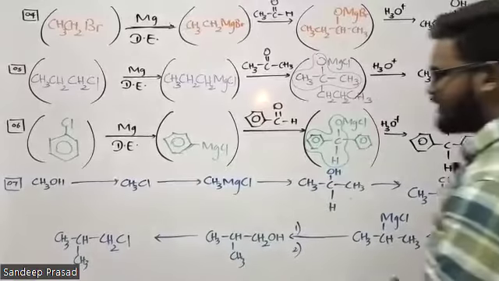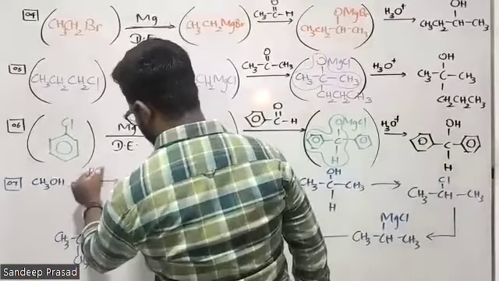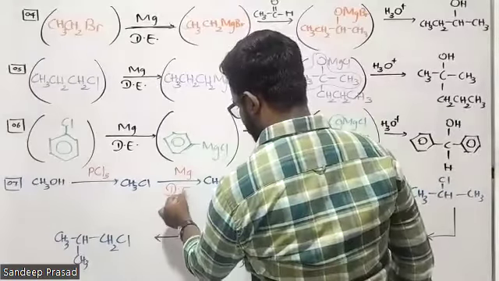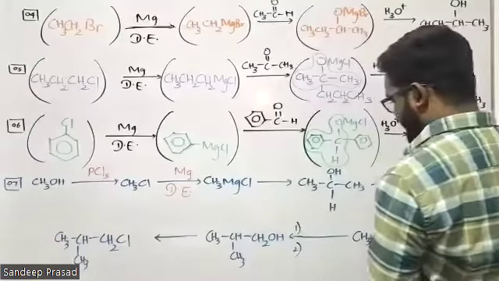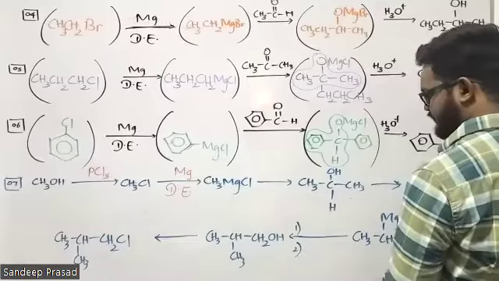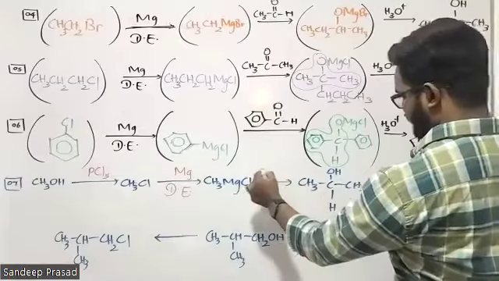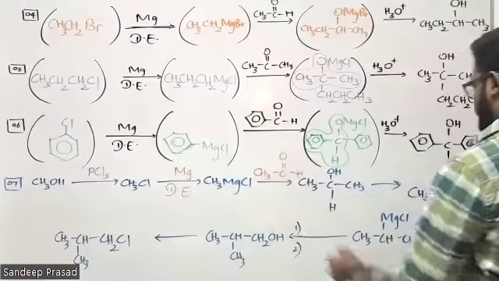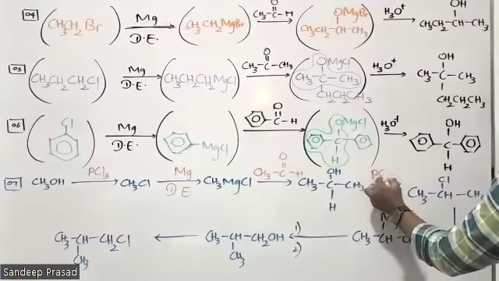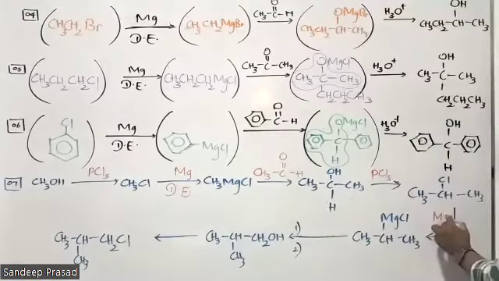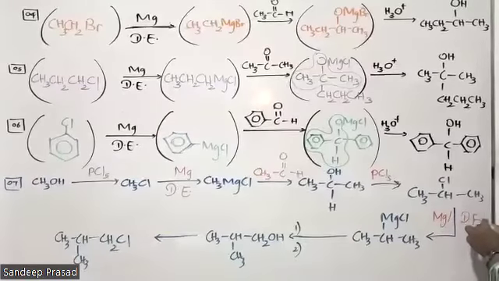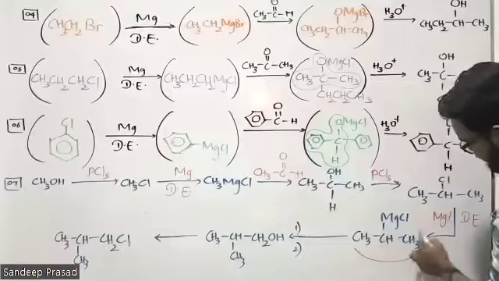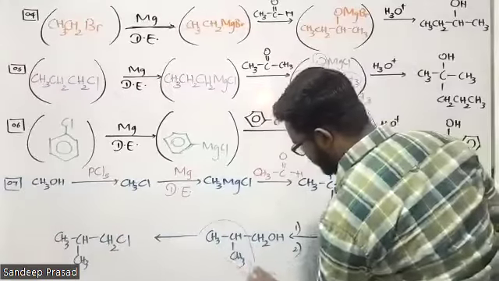What about the seventh one? The seventh one is very easy. PCl5, magnesium diethyl ether, and yes, we have added an aldehyde, no? CH3MgCl. So therefore, we can say that ethanol, and here PCl5, magnesium diethyl ether. So you can see that this is the bulky group that came from the Grignard reagent, right?